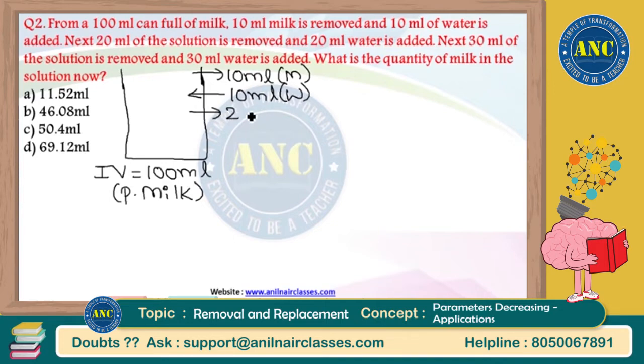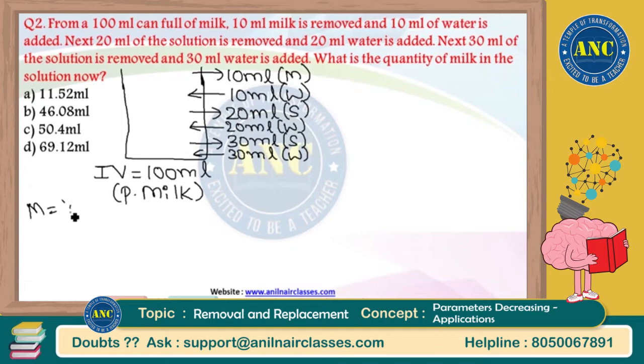Next, I will not take out 10 ml once again like my previous problem. I will change the numerical values. I will take out 20 ml of solution and add 20 ml of water. Next, I will take out 30 ml of solution and add 30 ml of water.